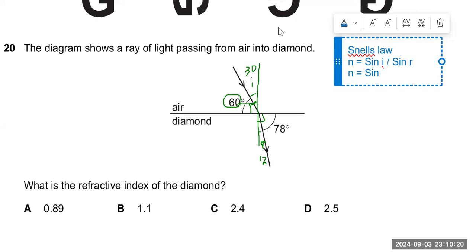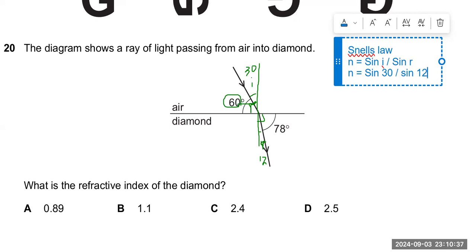The incident angle is 30 and the refracted angle is 12. I will solve it by using a calculator. Just wait, I have to write the values.